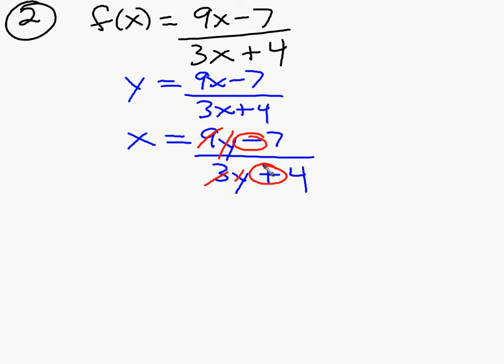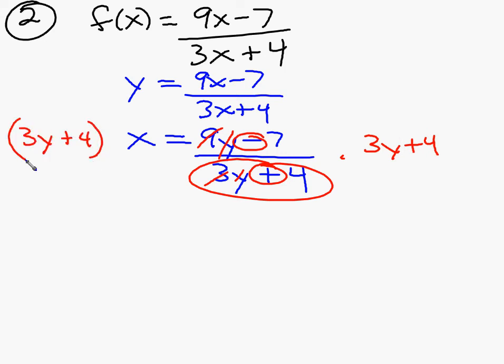So what I would do is multiply both sides by the denominator first. 3y plus 4 times that side and 3y plus 4 times this side. That's what I would do first, and that's going to get rid of this fraction on that side, which immediately helps us.